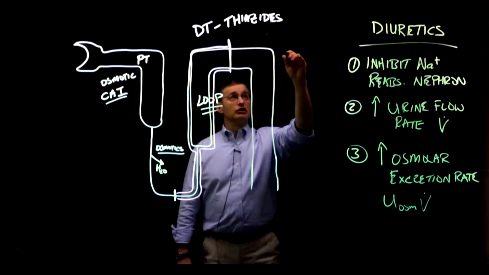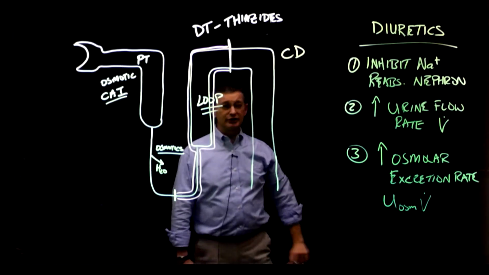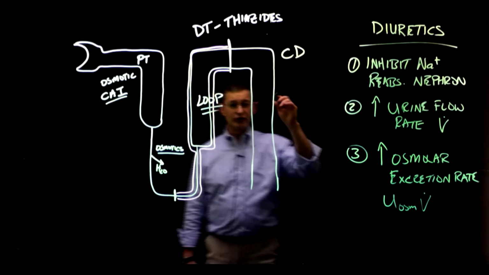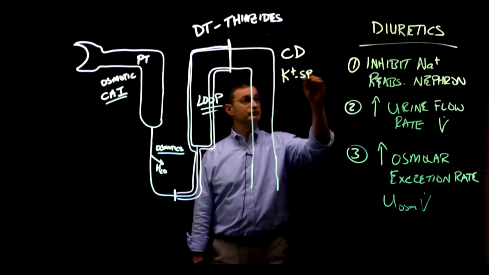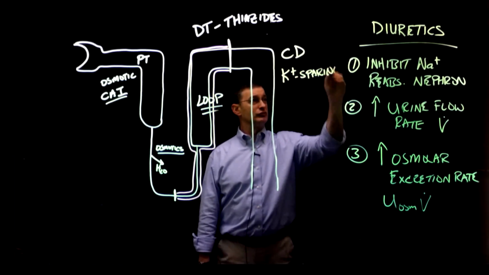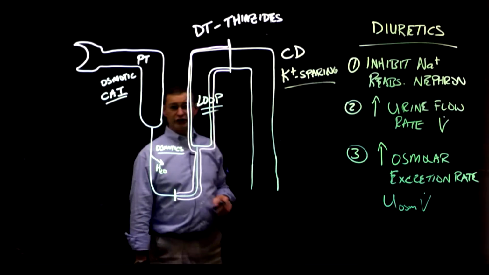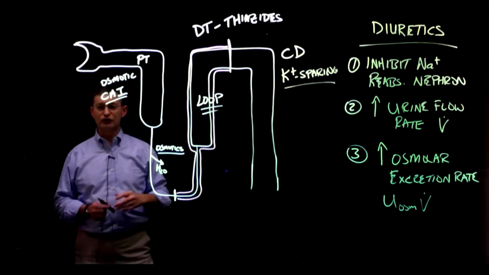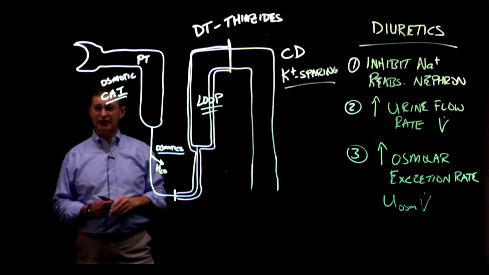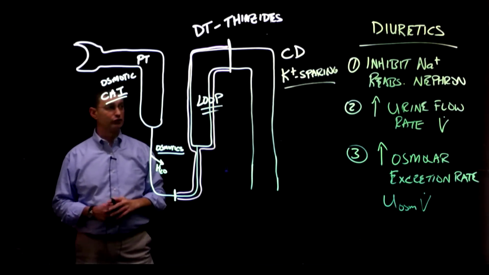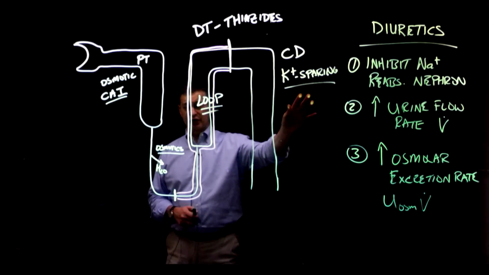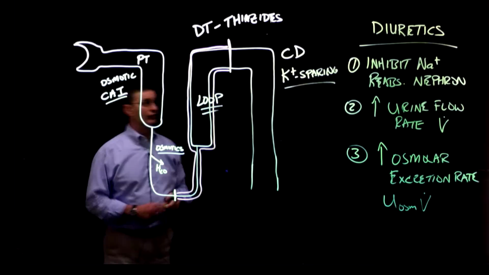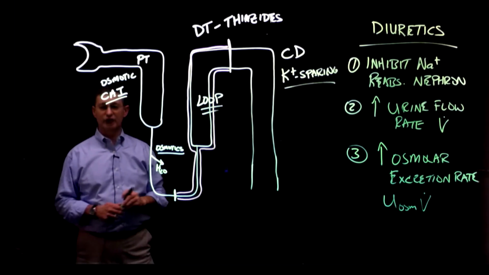Finally, that brings us to the collecting duct. In the collecting duct, the class of diuretics that impact sodium reabsorption are called K-sparing diuretics, because their impact on sodium reabsorption in turn has an impact on potassium secretion at the level of the principal cell. These K-sparing diuretics can be of the aldosterone antagonist type or the sodium channel blocker type.